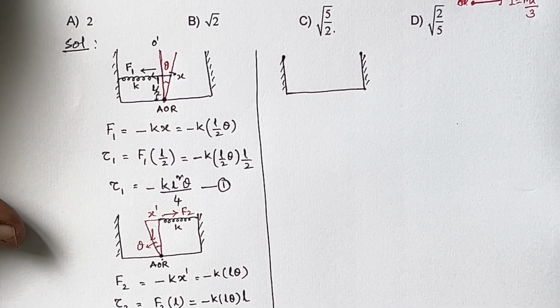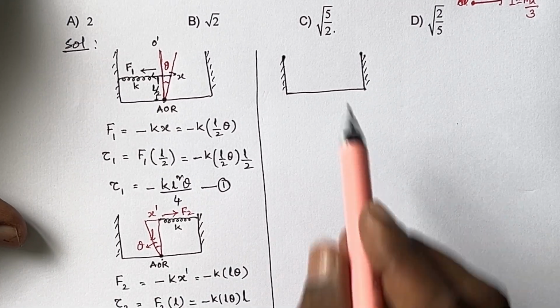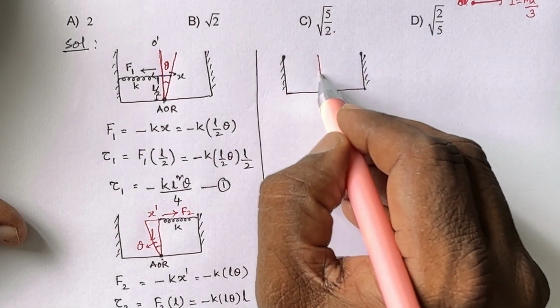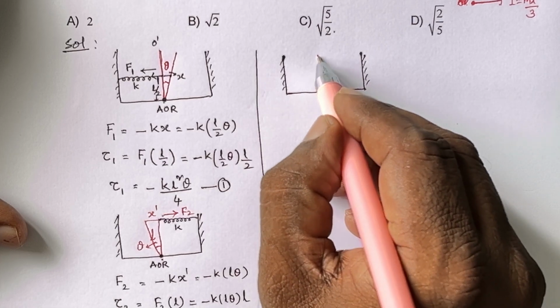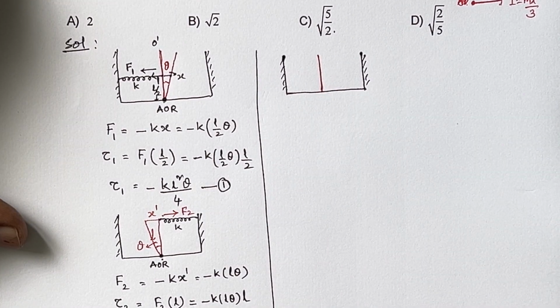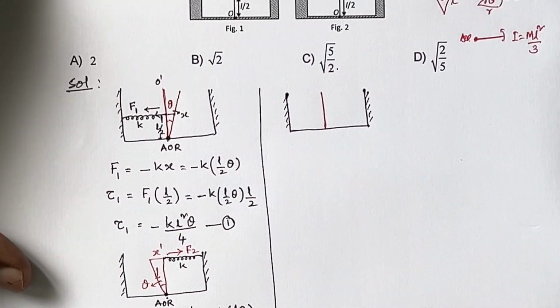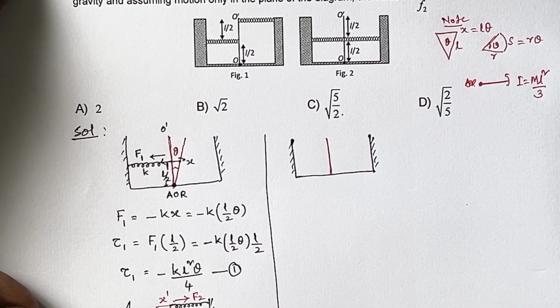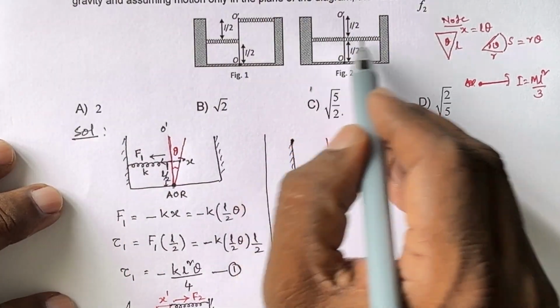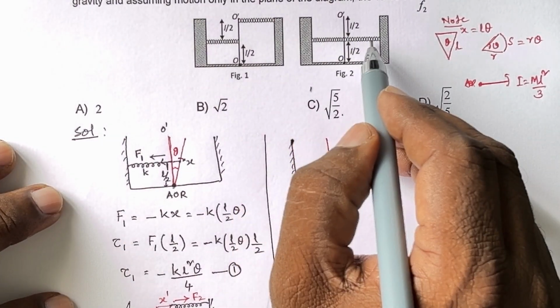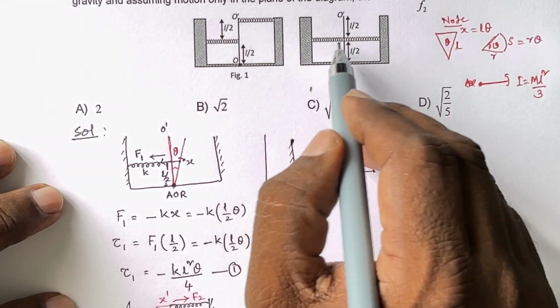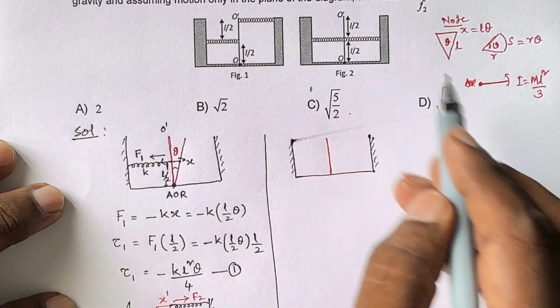These are the walls. This is the rod. When you look into the diagram, figure 2, both springs are at the middle. They are connected on either side, here and here.